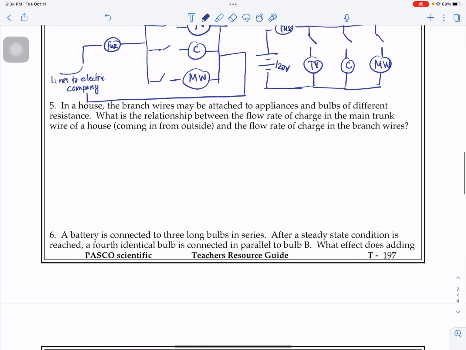Okay, in a house, the branch wires may be attached to appliances and bulbs of different resistance. What is the relationship between the flow rate of charge in the main trunk wire of a house and the flow rate of charge in the branch wires?